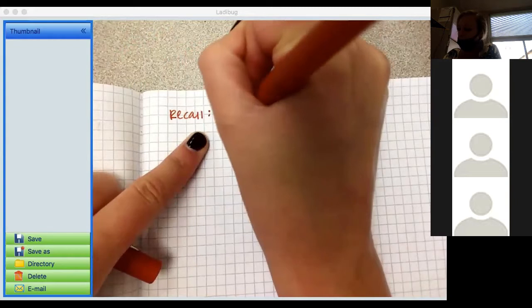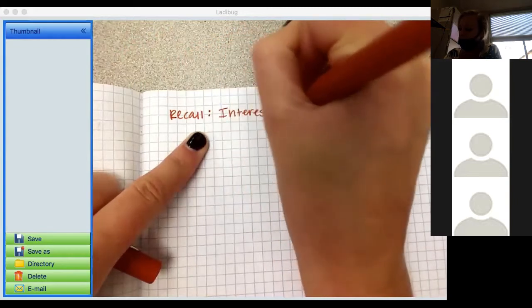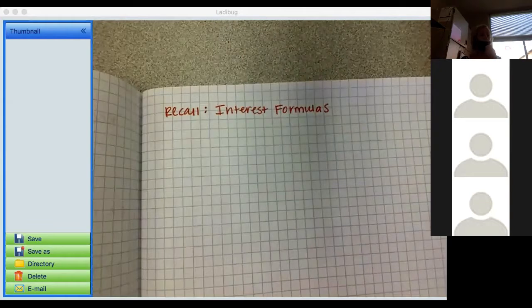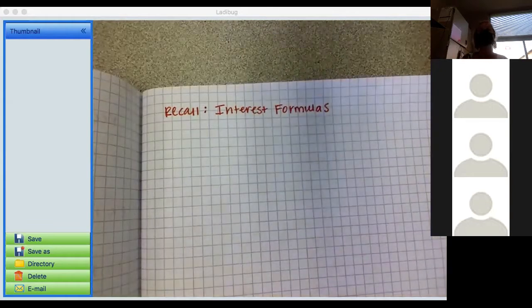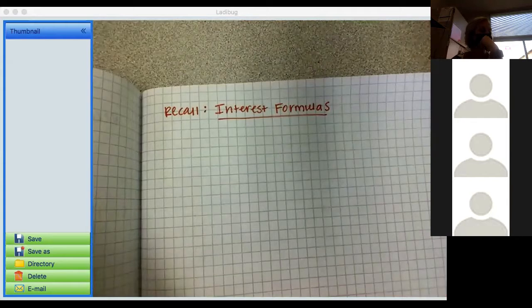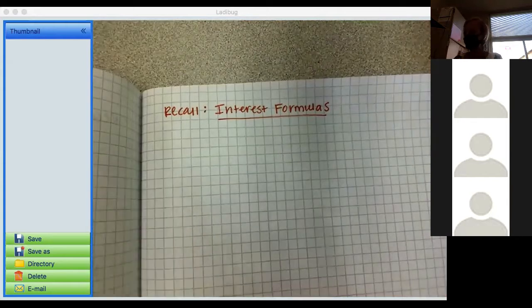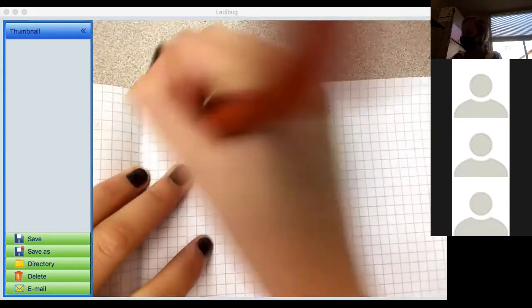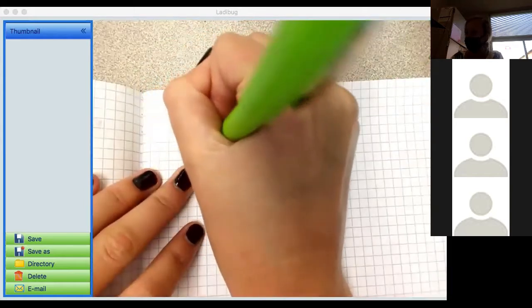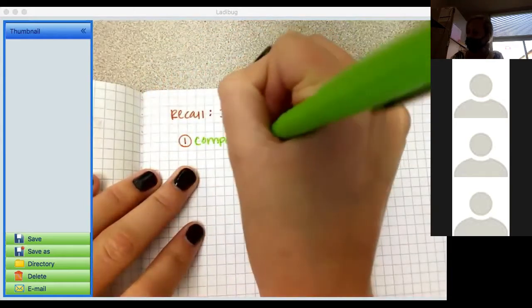Are your interest formulas. Formulas, there's two. The first one, let me do different colors because that was working for us, is your compound interest formula.